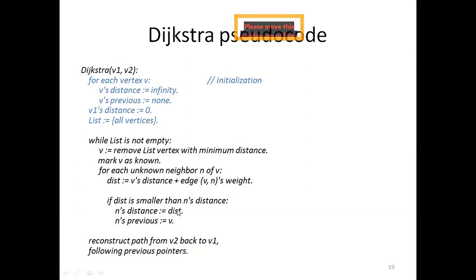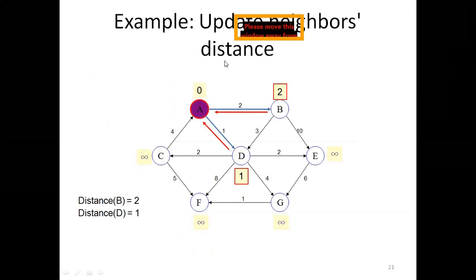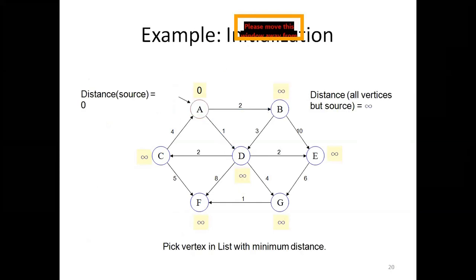If the distance is smaller than n's distance, then n's distance is equal to distance, and n's previous is equal to V. Then reconstruct the path from vertex V2 back to V1. Now see the example, then you can easily understand.